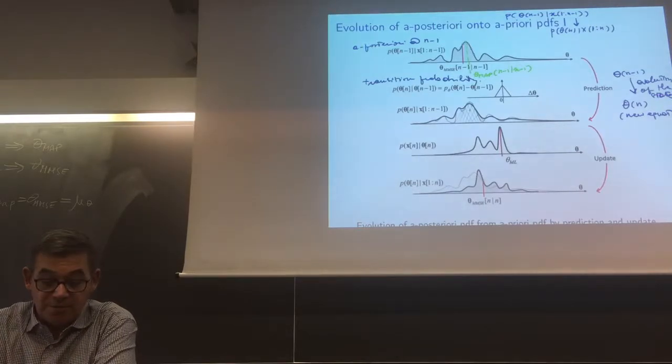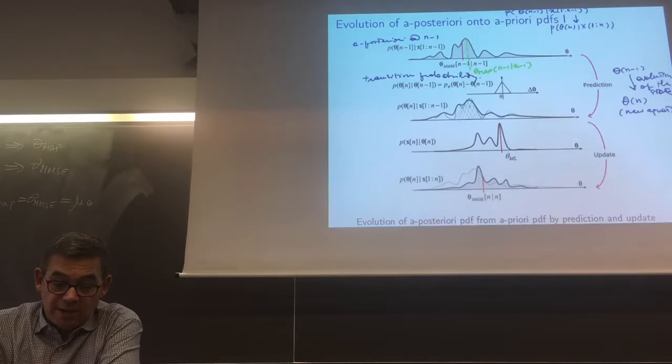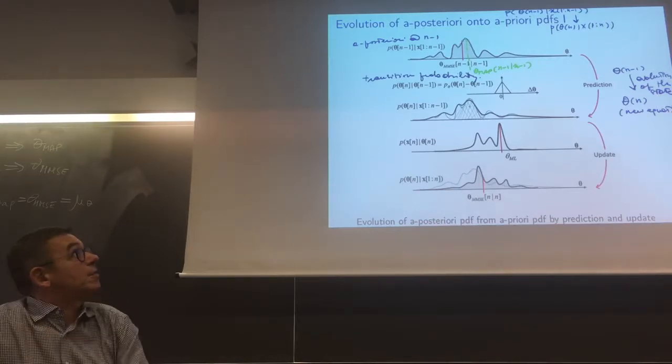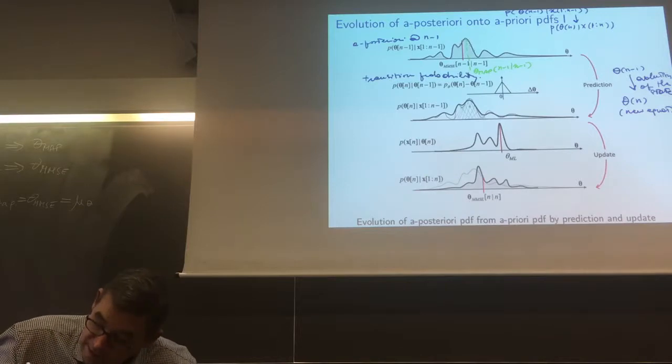This is the real conceptual step. This one, obtained by manipulating the a posteriori at time n minus 1, becomes the a priori for the next step. So this becomes the a priori PDF.